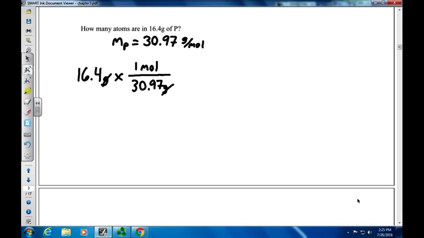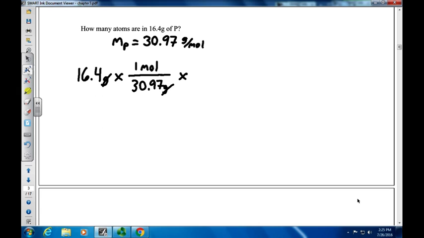But we don't want moles, we want atoms. Well, think about Avogadro's number. Avogadro's number is 6.022 times 10 to the 23rd. And you might be thinking, well, that's just a number, but that actually means it's that many atoms per mole. So there are 6.022 times 10 to the 23rd atoms per mole.